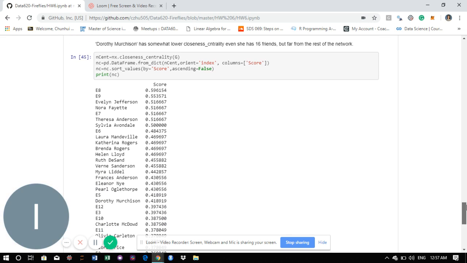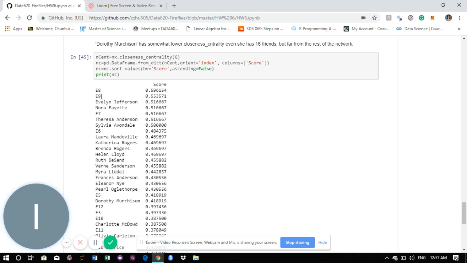Lastly, we use closeness centrality to see how close each node is to the rest of the nodes, and it shows that the higher score means more closeness to the rest of the nodes.